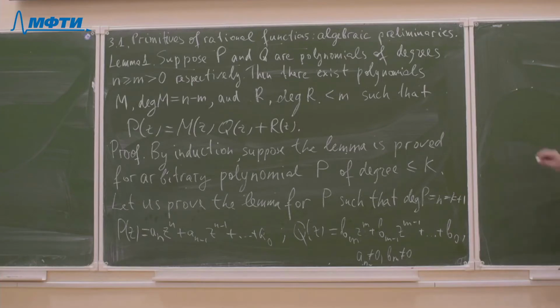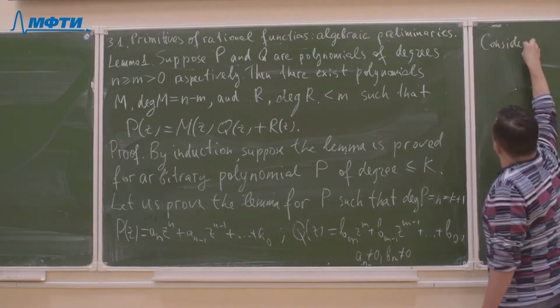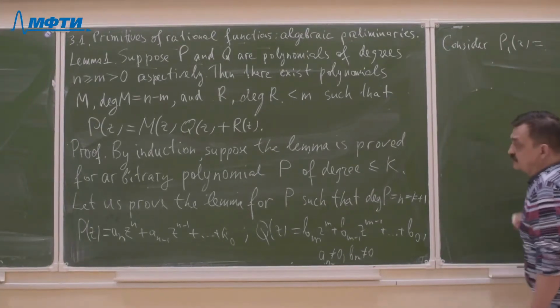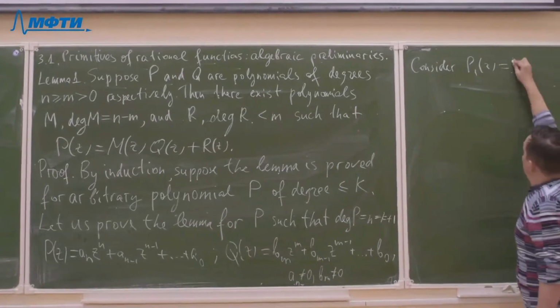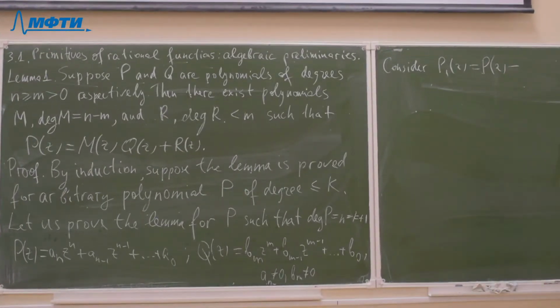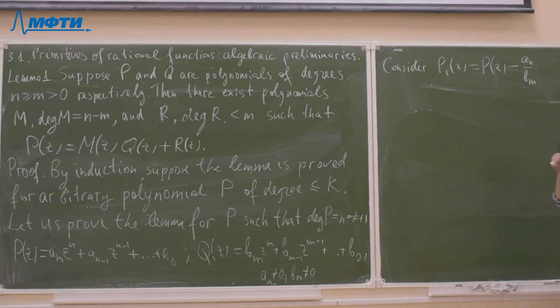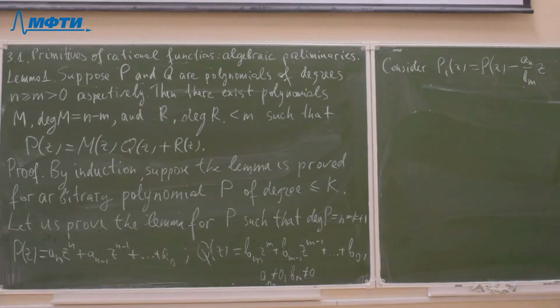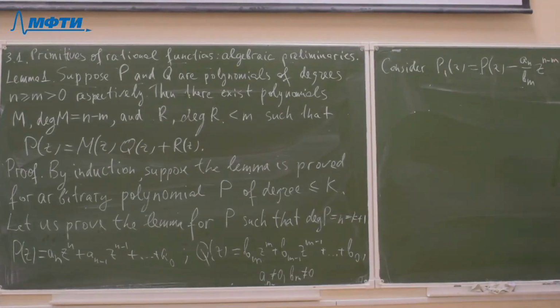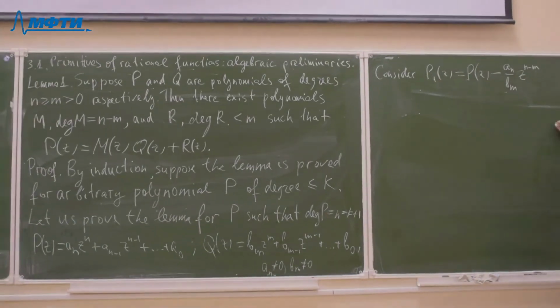Now consider P1 of z equals to P of z minus a n over b m times z to the power n minus m, and times Q of z.